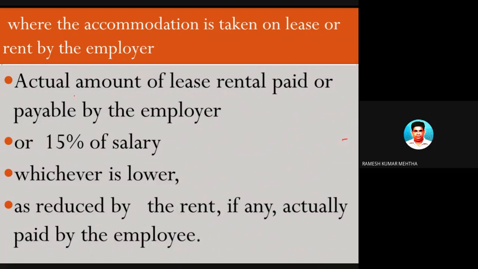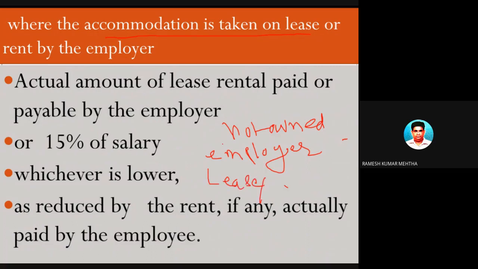Now, another circumstance is where accommodation is provided by the employer to the employee, and this accommodation is not owned by the employer. The employer is taking this particular accommodation from a third party on lease or rent. Correct है ना? For example, अभी समझो कि I am working in X company and the owner is Messrs.